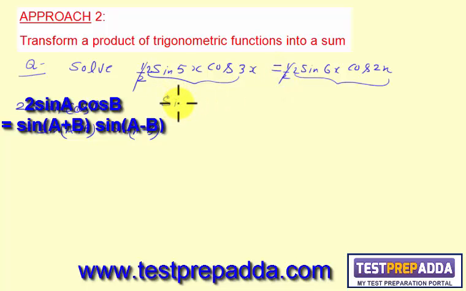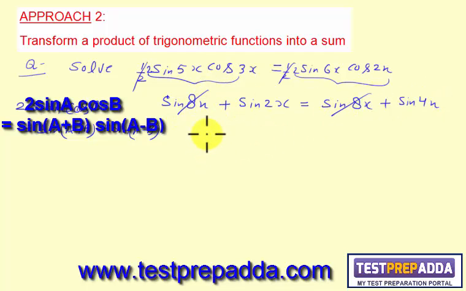It becomes sin 8x plus sin 2x is equal to sin 8x plus sin 4x. This sin 8x will get cancelled, and we can write the equation as sin 4x minus sin 2x is equal to 0.